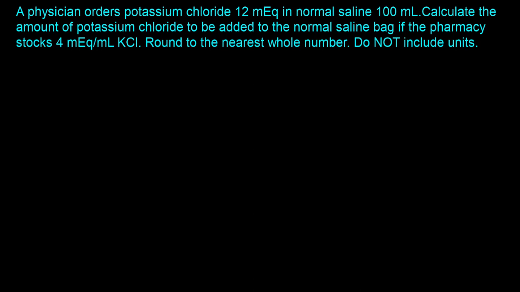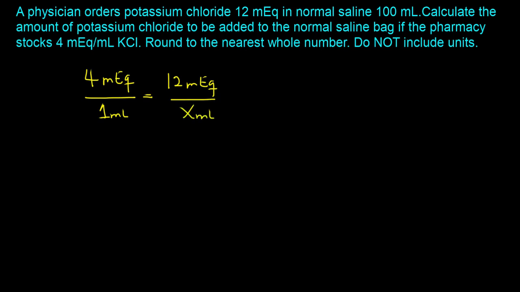So in this question, we do not need the equation. Rather, what we want to do is make use of the concentration that has been given to us. And so we will start off with the 4 milliequivalents in 1 milliliter, and we set up a proportion to determine how many milliliters will be required to give us the 12 milliequivalents.